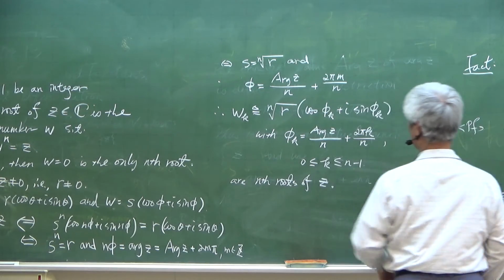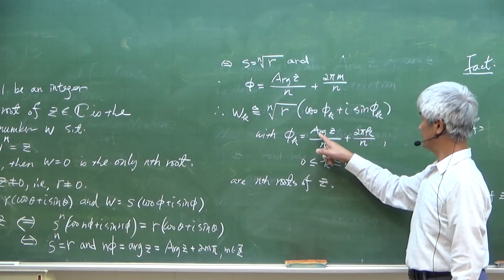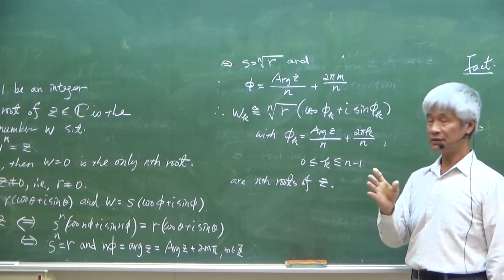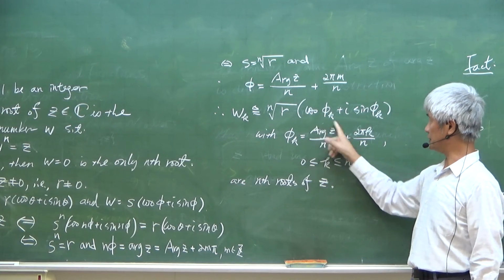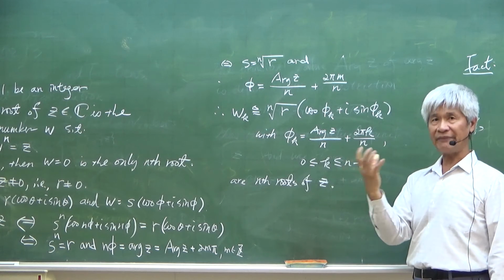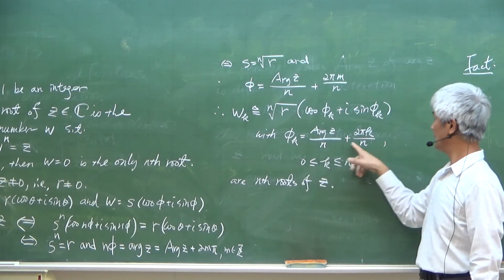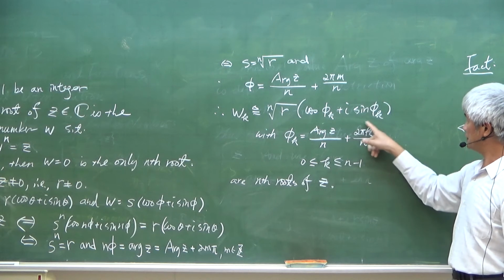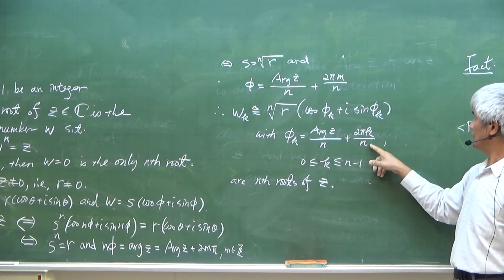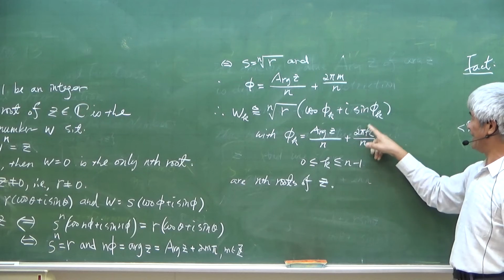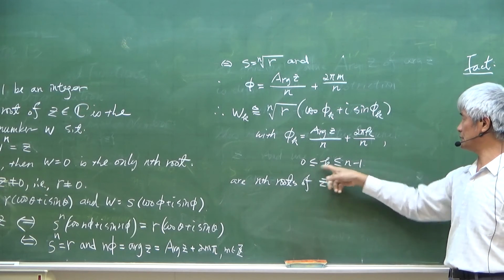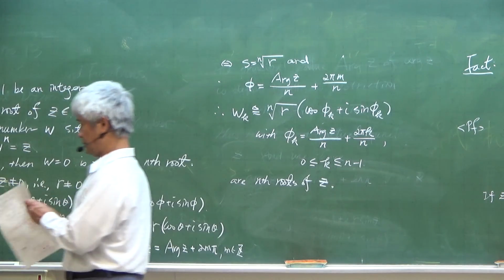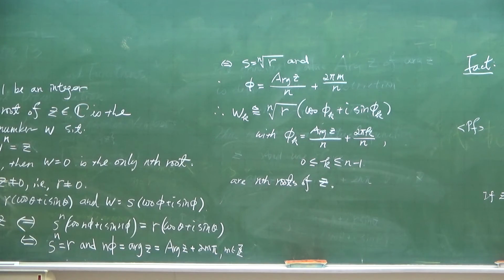Remember, the capital Arg is an actual function, so this is a single-valued function, and you get some definite value here. And the additional part is 2 pi over n times k, where k is from 0 to n minus 1. So that is the root we have.